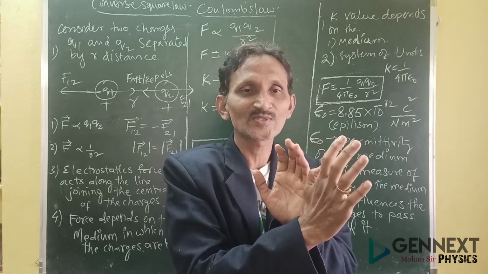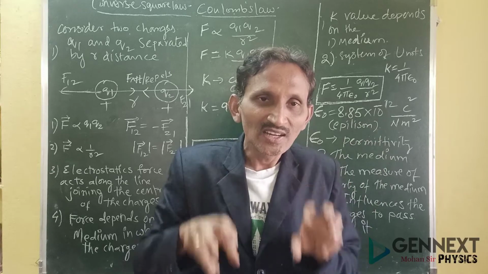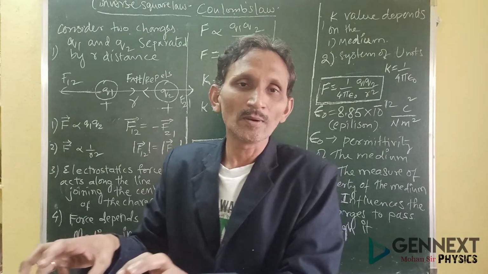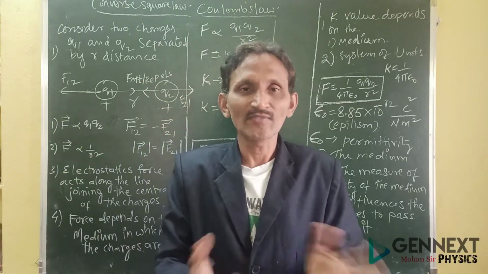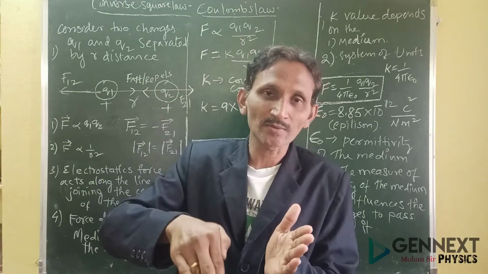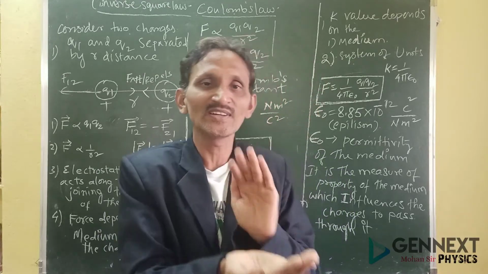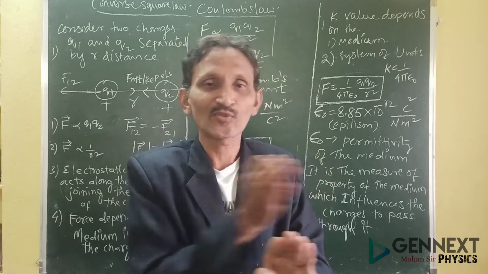If you take the same charges at the same distance into some other medium like water, oil, kerosene, glass, mica, or some other material, and measure it, that medium will decide the flow of the electrostatic force.